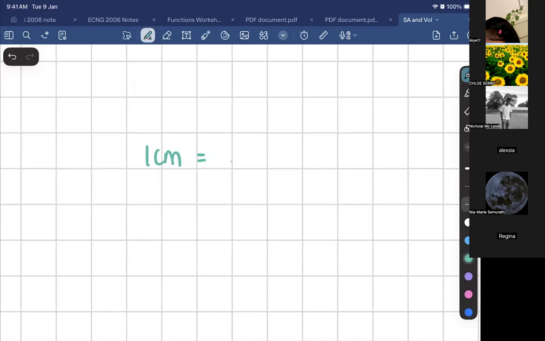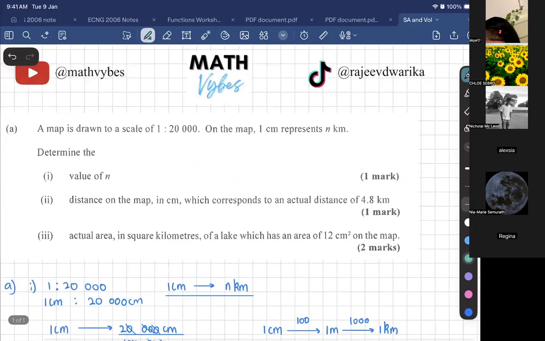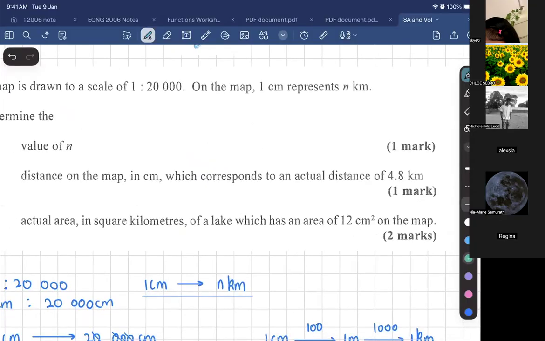No problem. But tell me in kilometers. That'll make our life simpler. 0.2 kilometers. Now, I want to figure out what distance on the map corresponds to 4.8 kilometers in real life. That's what I need to do.